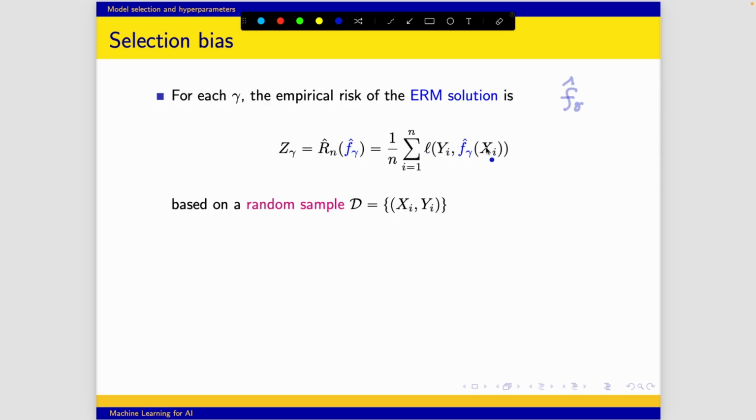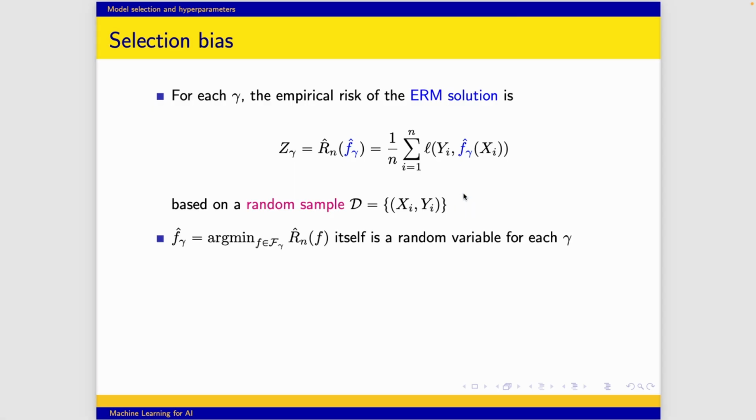arithmetic mean here, based on some random sample. Let me call that random sample D. So this is a set of random pairs xi, yi from i equals 1 up to n. Now f hat of gamma itself is a random, not random variable, but actually random function.